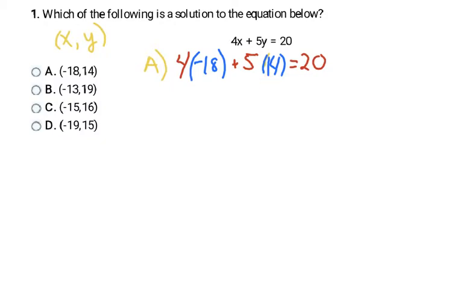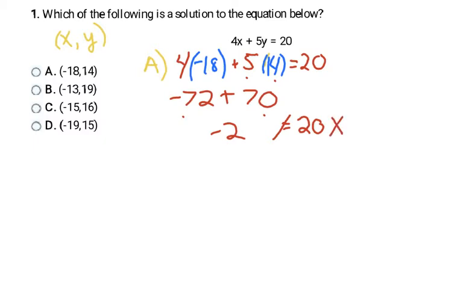So I'm going to multiply and divide left to right. 4 times negative 18 is negative 72. Plus the 5 times 14 is 70. And then I'm going to add negative 72 and 70, and that's negative 2. Then I look at my right side, it's just 20. Negative 2 doesn't equal 20. So A is not an answer.